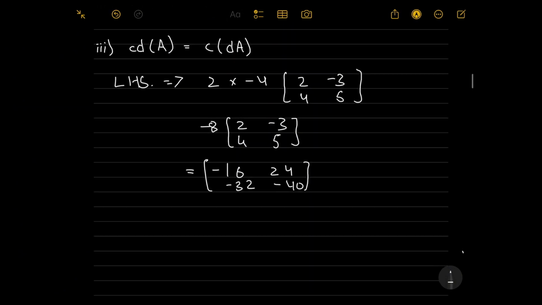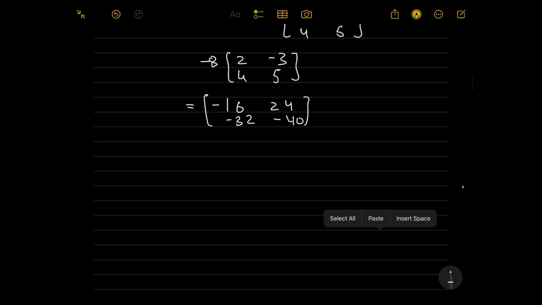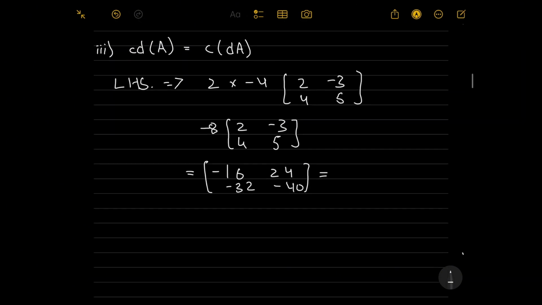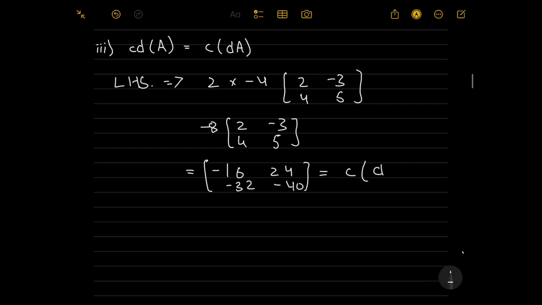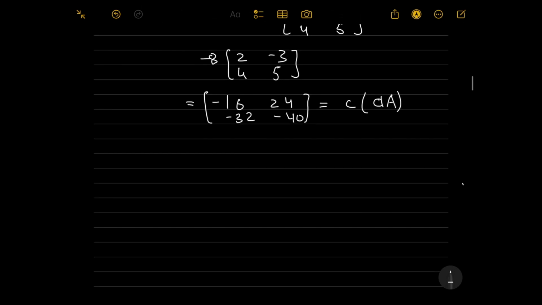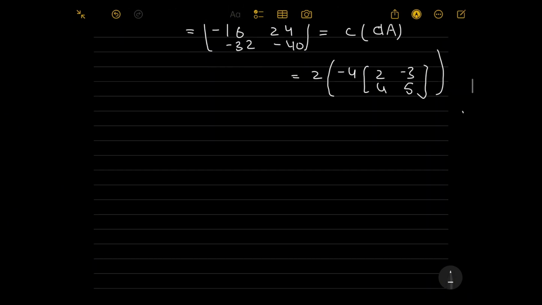Moving on to the right hand side. So right hand side is C into DA, which would equal C is 2, and then D is minus 4 into A. So A is 2, minus 3, 4, and 5. So first multiply minus 4 with all the elements, or maybe just multiply 2 and 4.